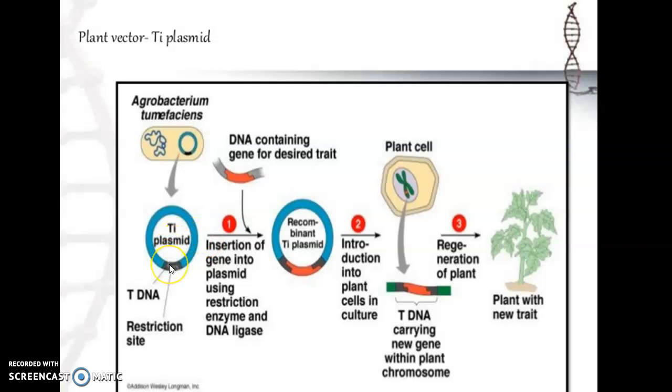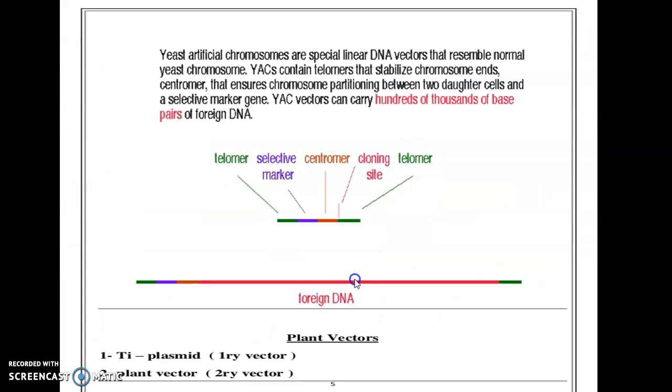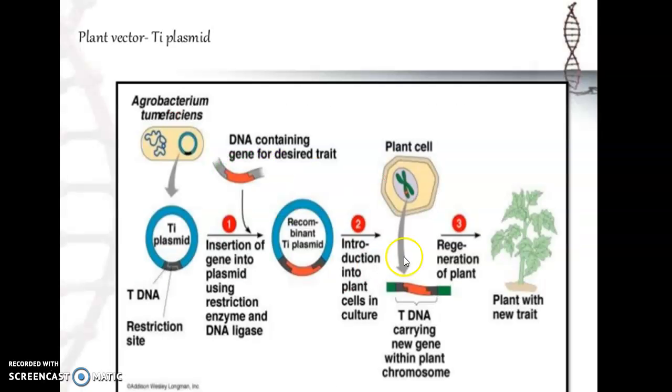So the Ti plasmid with T-DNA, in which foreign DNA is inserted, is introduced into the bacteria and the bacteria into the plant. The plant produces a tumor, we isolate the tumor, grow the cells in tissue culture and develop the plant having the desired gene, with the T-DNAs introduced into the host plant.